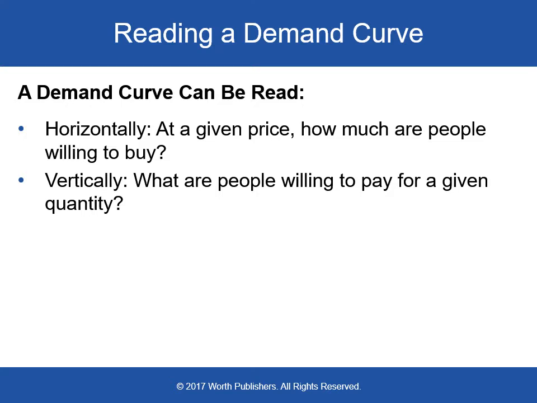You could say, okay, if I know that people are wanting to buy a certain quantity of oil, what price would they be willing to pay in order to obtain 25 million barrels, say? I could read that off the curve. So you can read horizontally and you can read vertically.